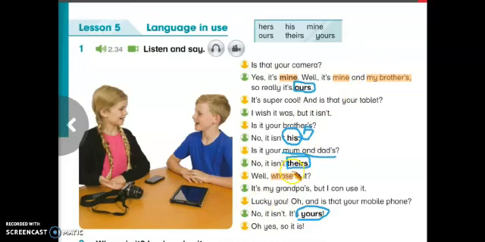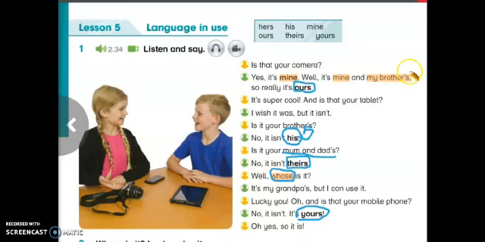And this is the WH word that we have to use to ask about possessive things, which is whose. Whose بمعنى لمن. عندما نريد أن نسأل عن ملكية شيء ما فإننا نقوم باستخدام whose لمن.